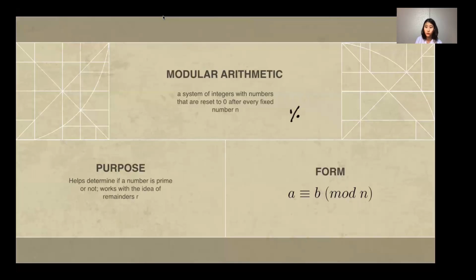If we have done some coding before, we know that the percentage sign is a symbol for modulo. It comes in the form of a is congruent with b mod n, or modulo n.